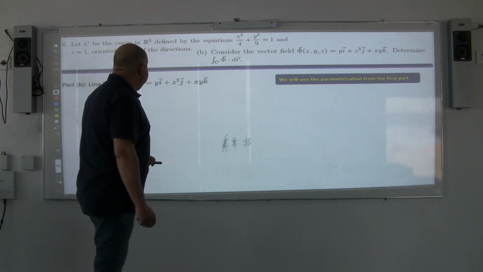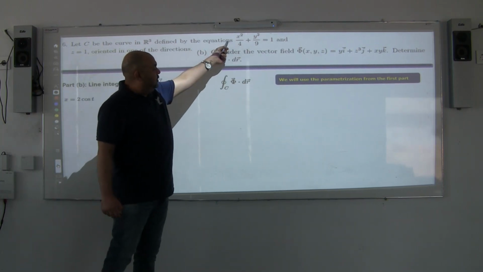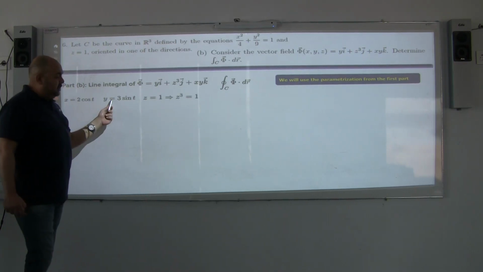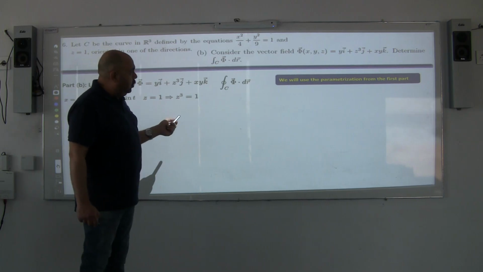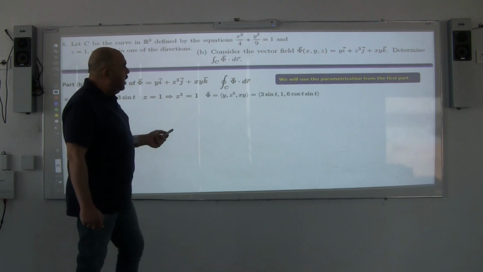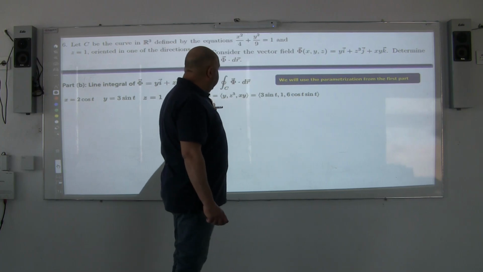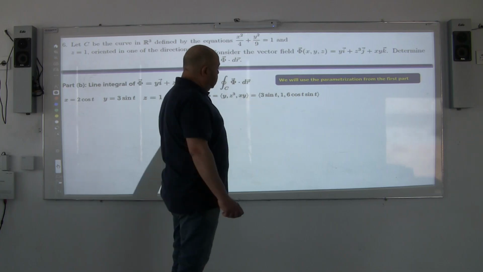So now we will have the same parameterization since the cross section is the same. As you can see, this is x, y, and z equal to 1. So z cubed is going to equal 1 also. Now I can find all what's missing here. This is the phi direction, which is y, z cubed, x, y, parameterized by this relation.